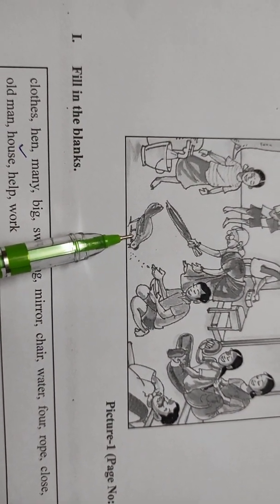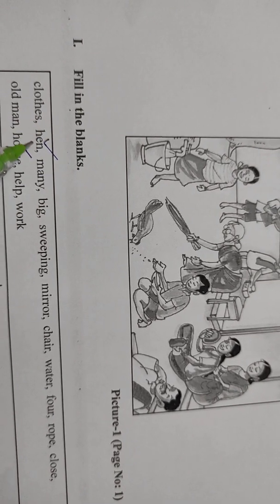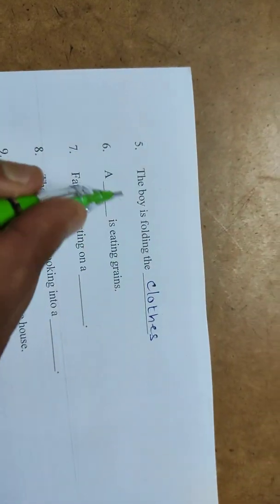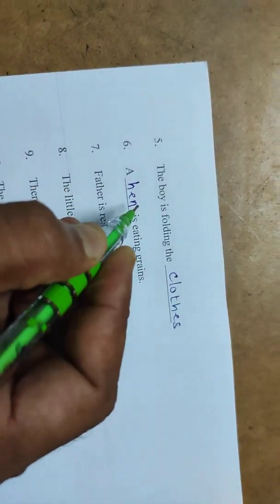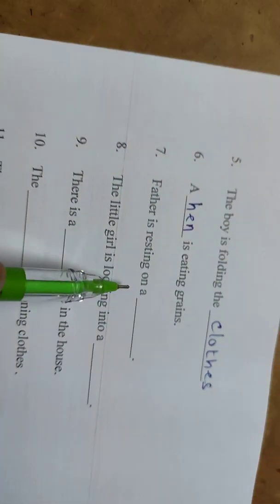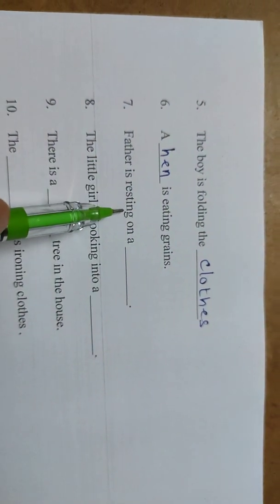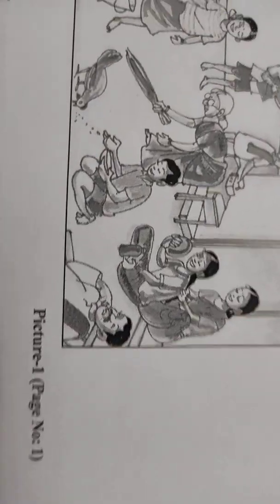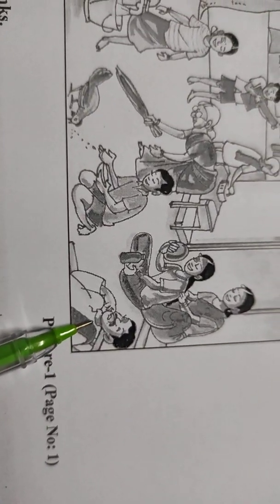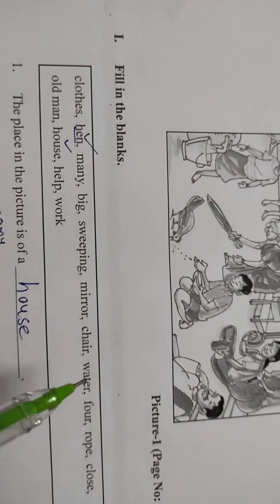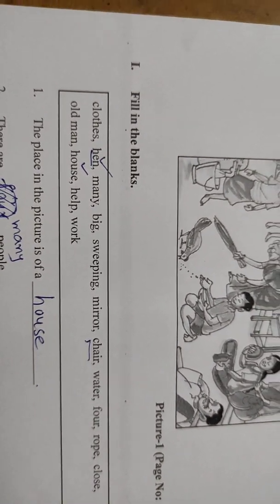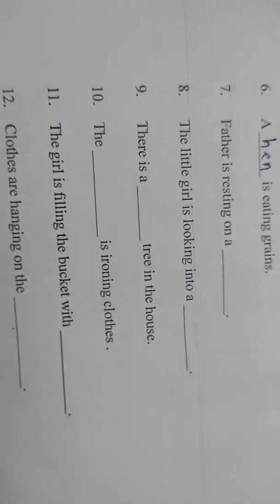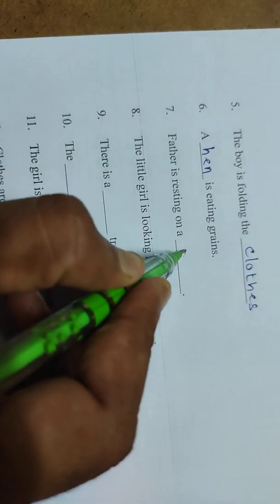What is it? Hen. Spelling is H-E-N. Next, father is resting on. Where is the father here? What is he doing? Resting on a chair. So write here, resting on a chair.